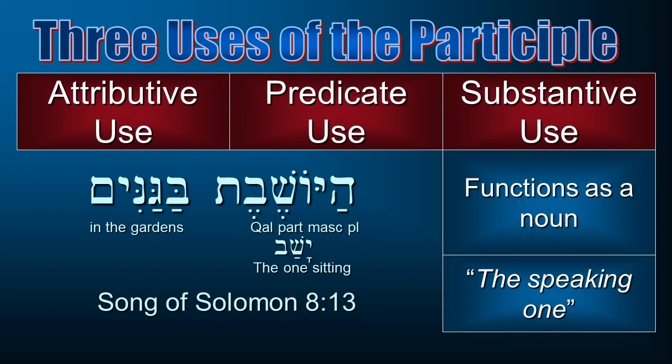The sitting one. You see that the word itself, yashav, is just to sit, but instead of to sit, that's not a noun, it has turned into something that's going to function as a noun, the one who is sitting, even though there's no noun there. This is a verb, but it's a participle, and so functioning as a noun.